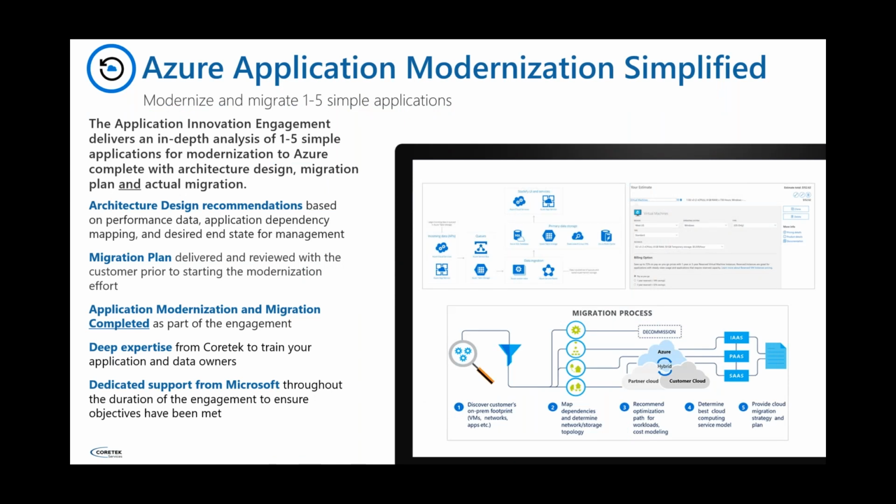From an app modernization perspective, there's a lot of different ways to approach it. Coretek does have an app modernization methodology, and we actually have an engagement to modernize 1 to 5 applications. And we really start out by assessing it and validating its functionality and validating what the application should be and what an architecture should be for a particular application.